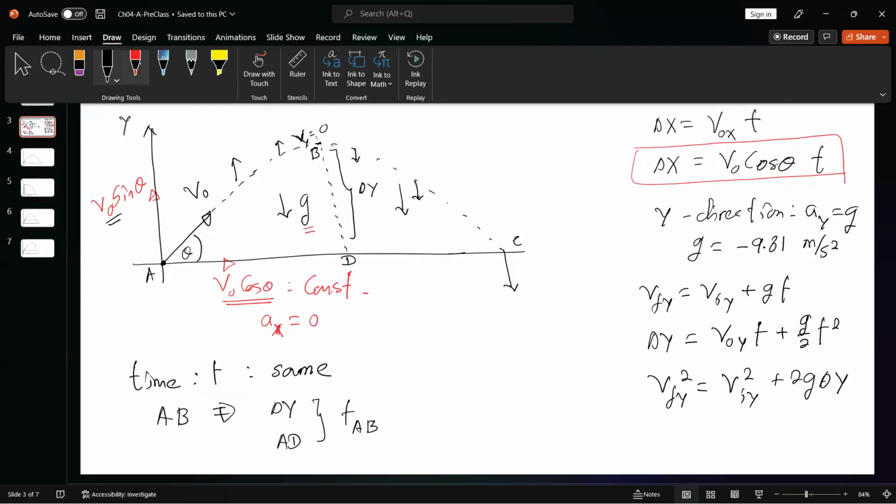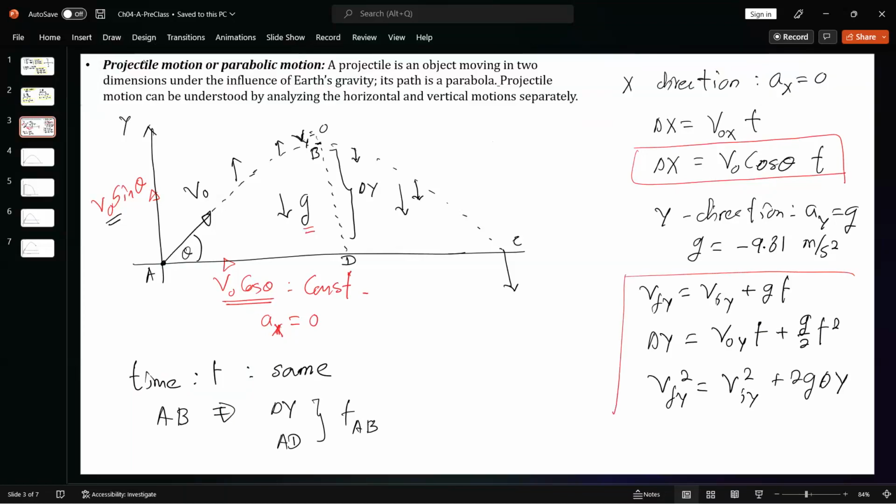So in the y direction, I can do exactly the same thing which we did in the last chapter, but in the x-axis now I have only one equation to work with. This displacement along the x-axis, A to C, is generally called the range of motion. So for the range, I have only one formula, but for the y-axis study, I have all three of these formulas. And in terms of range, we can rewrite this formula by finding the time of motion. We will do that in our next slide.